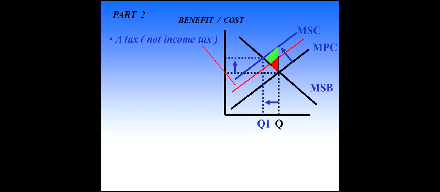Now, there are actually two other ways besides an actual tax that can have the same effect and get us to where we need to be. I know I've used the example of taxation to do this, and you could see here how that's done.